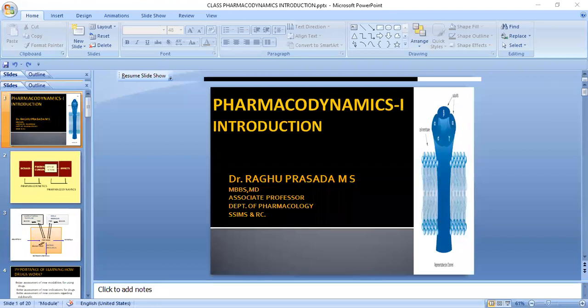After that, whether it is able to produce more response or a better response than paracetamol at a lower dosage also. For example, the new drug X introduced in the market: 10 milligram of the new drug is equal to 100 milligram of paracetamol, or 50 milligram of the new drug can produce the effect of 500 milligram of paracetamol.